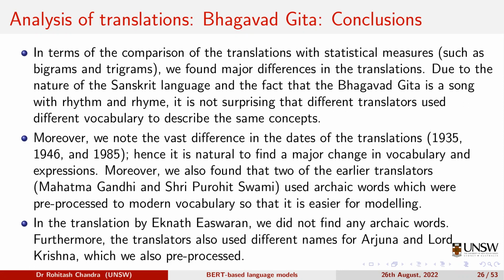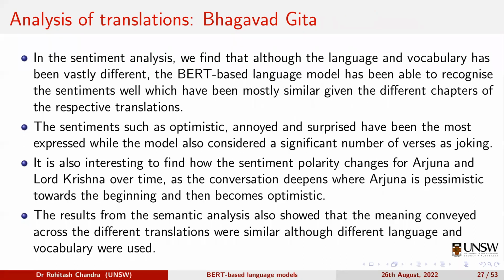Different translators have different biases, and translated it in different timelines and decades, with the use of archaic words and the different names of the protagonists, and so on. Those were the major differences.